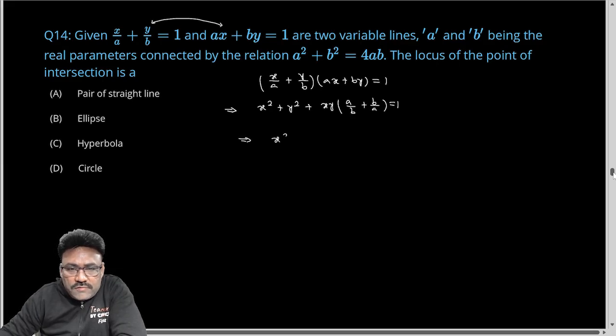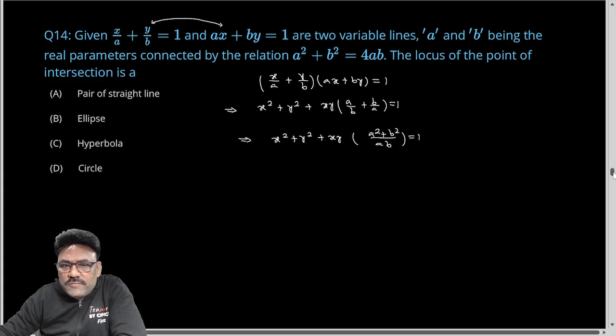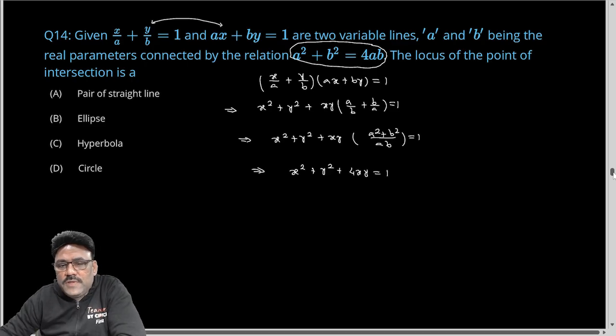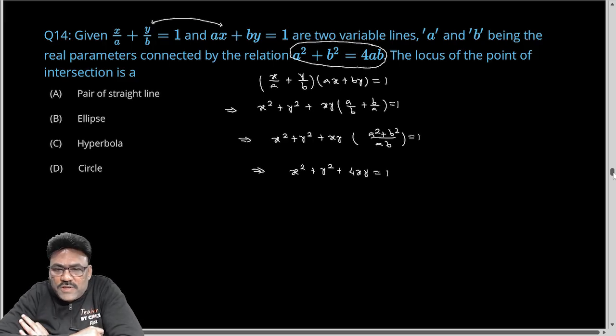Now you are getting x square plus y square plus xy, and here you will get a square plus b square over ab. And a square plus b square is given as 4ab here. So if you put a square plus b square is equal to 4ab here, ultimately locus becomes x square plus y square plus 4xy is equal to 1.